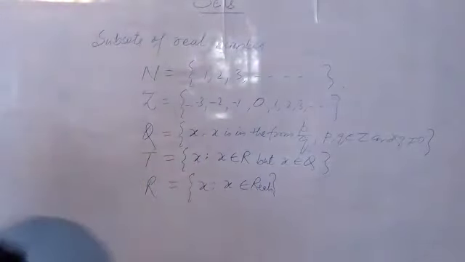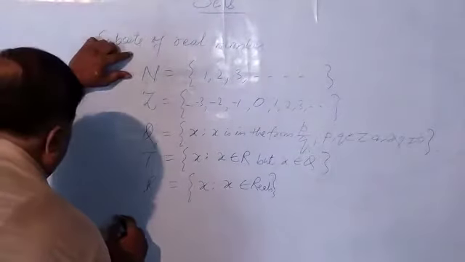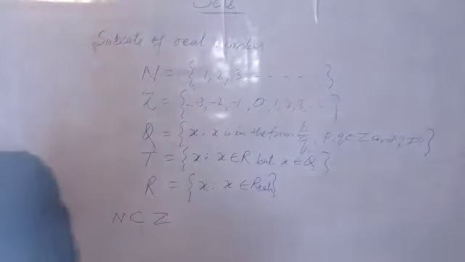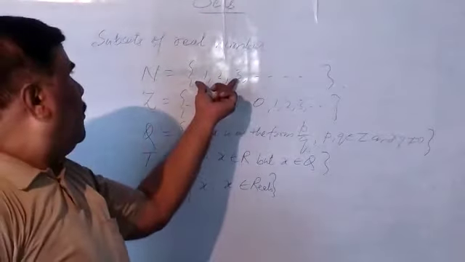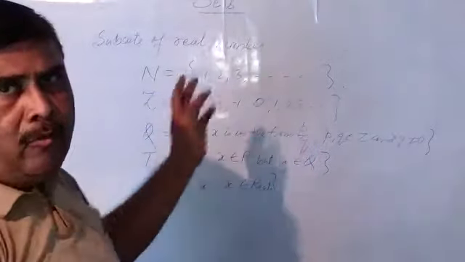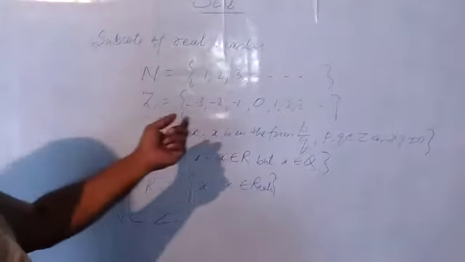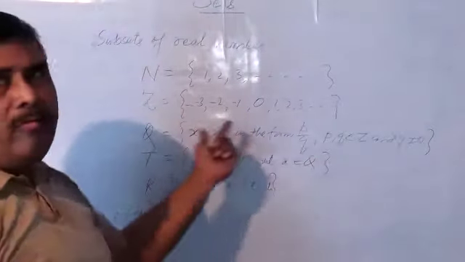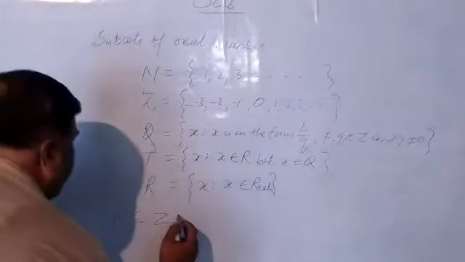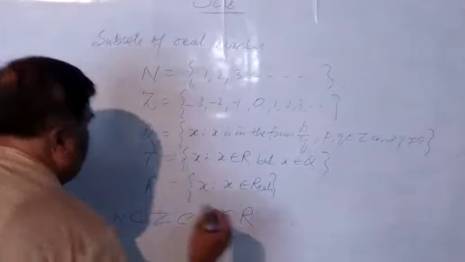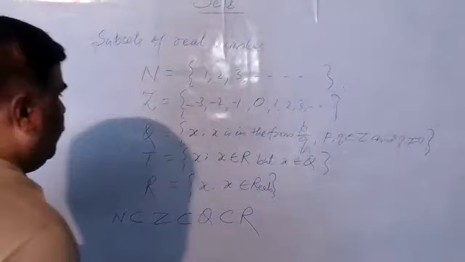Right? Here, as we know, N is a subset of Z, it means every element of natural numbers is also an element of integers, and every element of integers is also an element of rationals. So Z is a subset of Q, and Q is a subset of real numbers.